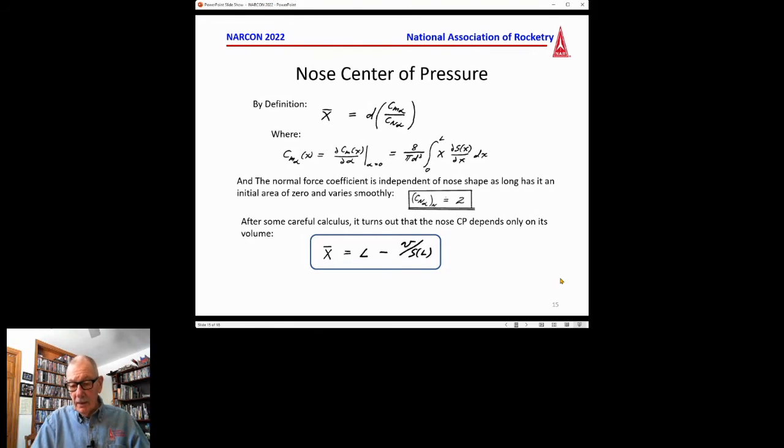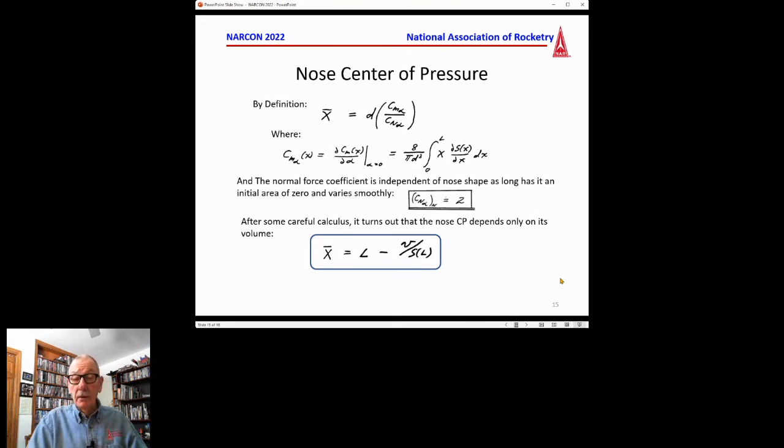Fortunately, that's a fairly simple thing. You can determine the volume of a sphere. You can determine the volume of an elliptical nose cone.